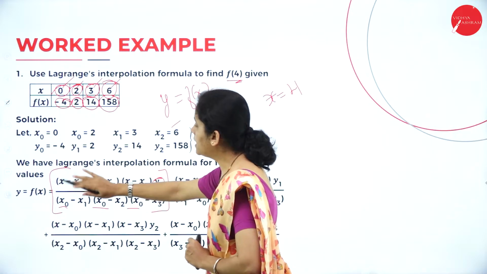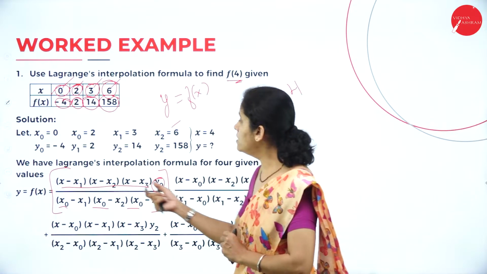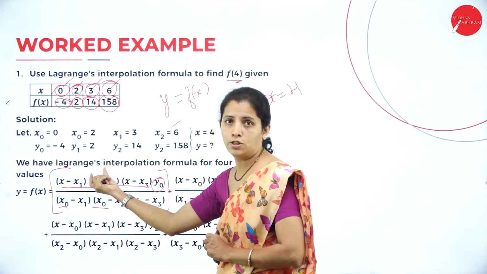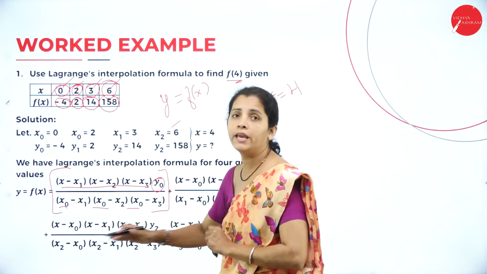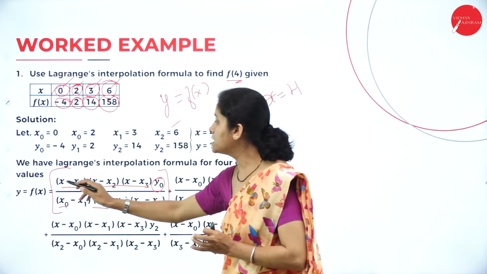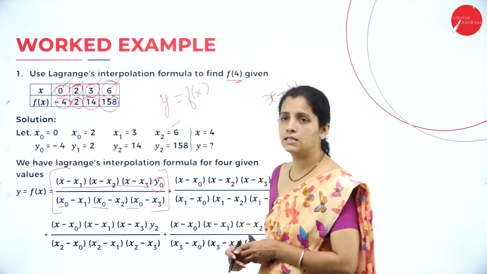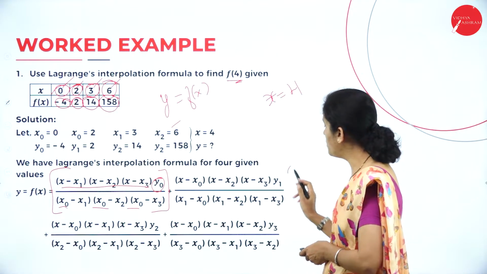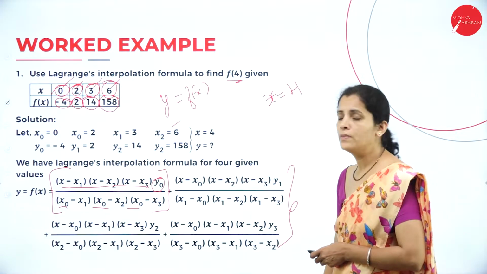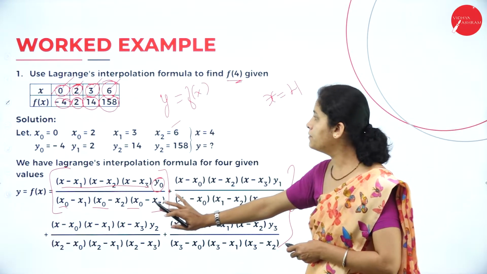In the next term I'm not going to consider x0 and I'm going to start from the x. What is common here? That is x. So x minus x1, x minus x2 and x minus x3.